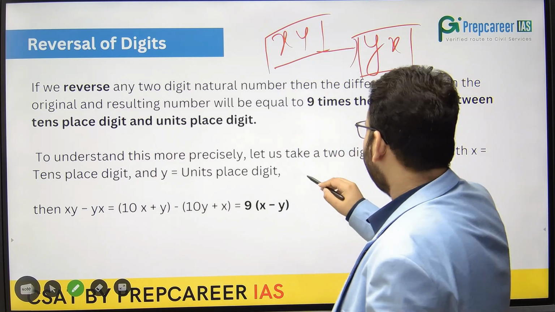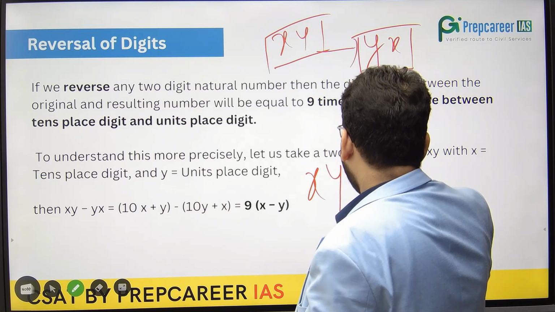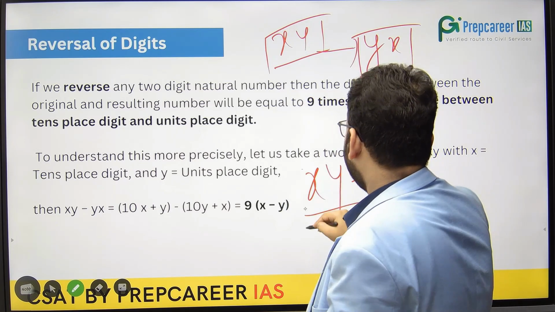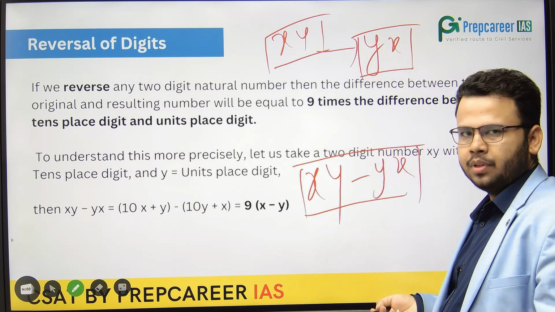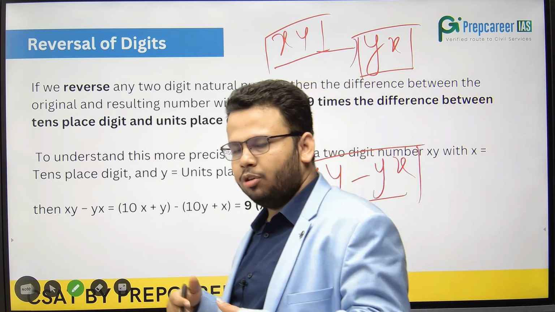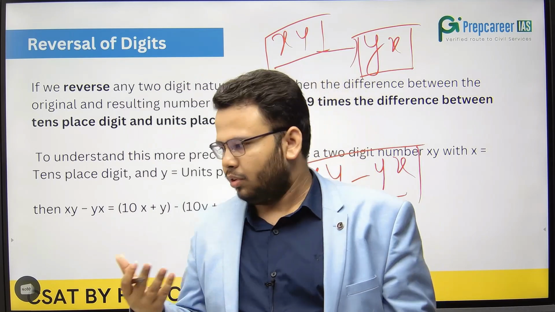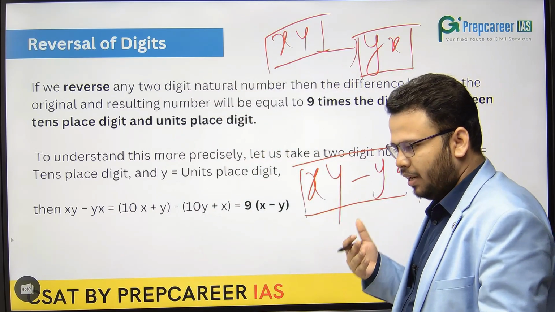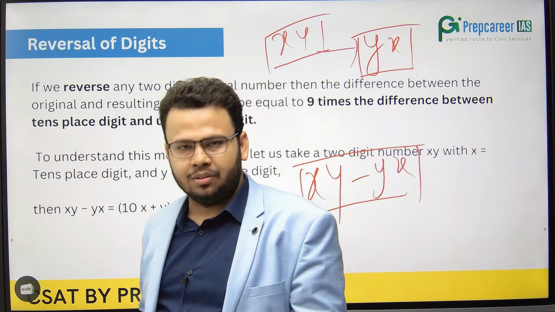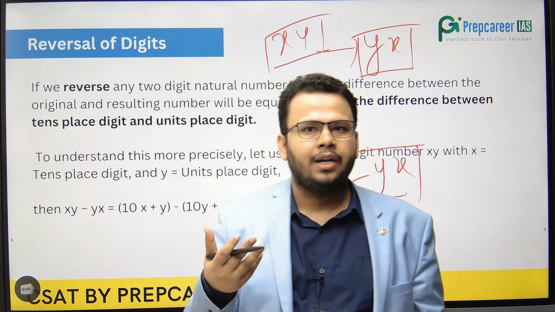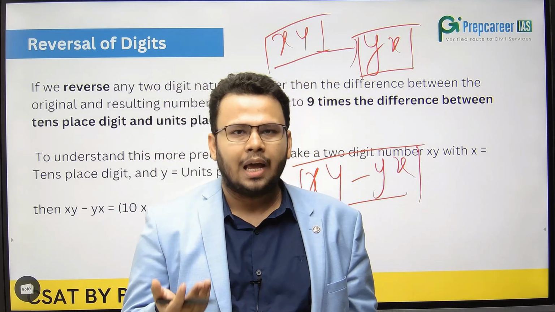Now what will be the difference between XY minus YX? If a question is given in which the result of the difference between a number and its reversal is given, and you have been asked to find out the number, how are you going to calculate that?